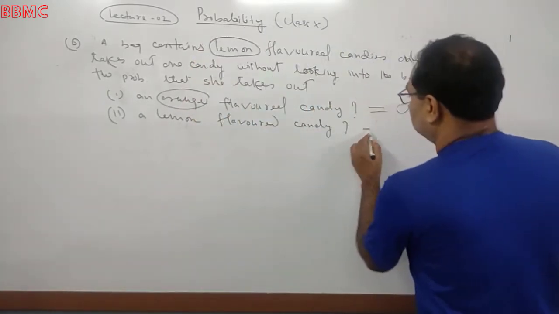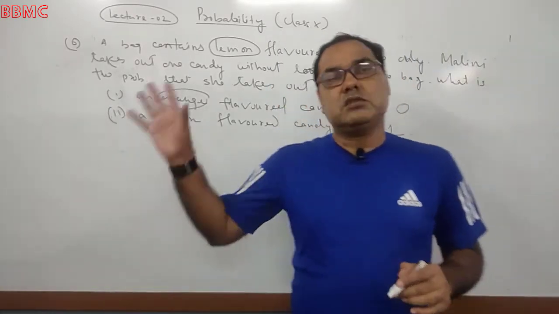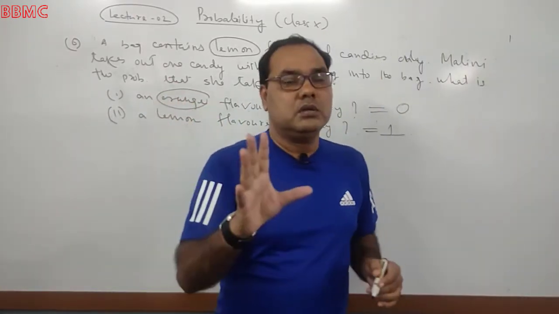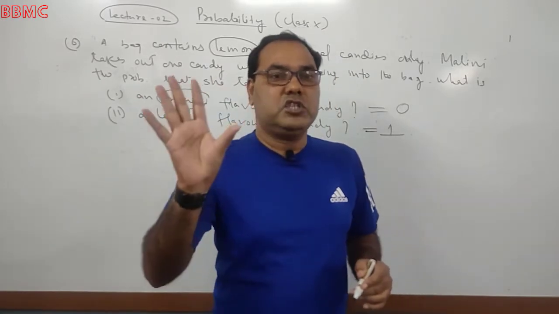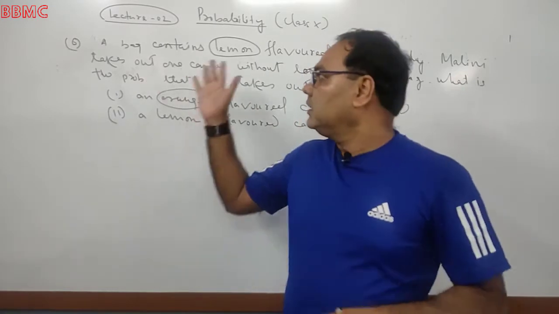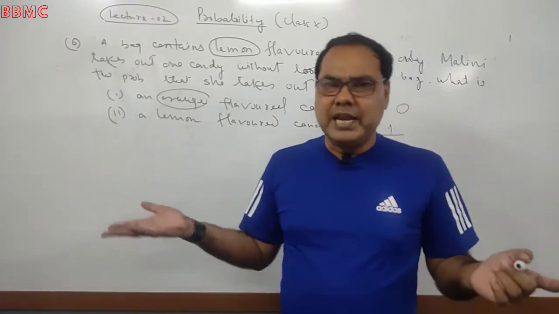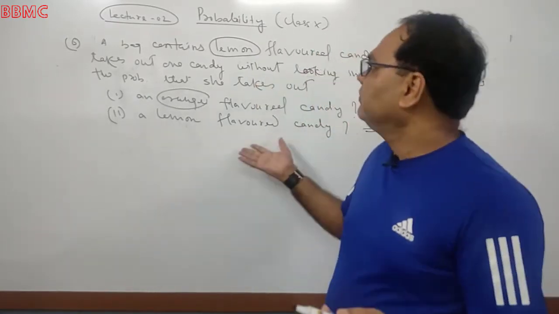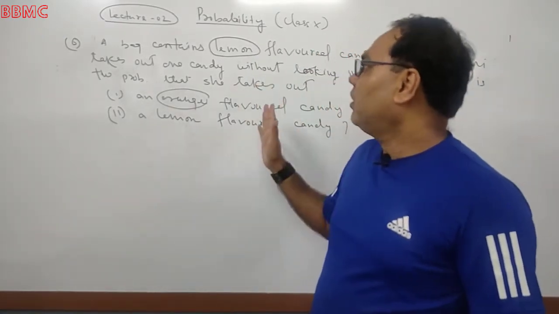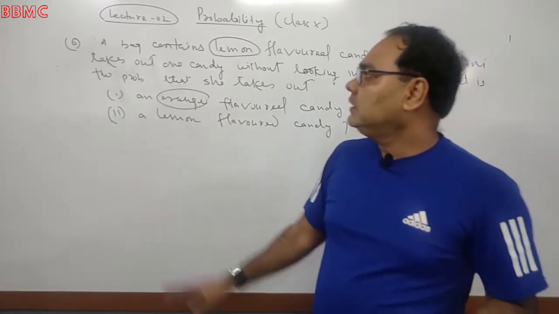Then what is the answer? 0 and 1. This problem is based on impossible event and sure event. If you know the definition of impossible event and sure event, then you can find the solution at any moment, at any time. There is no problem. Two different things, lemon and orange. I think you cleared it.